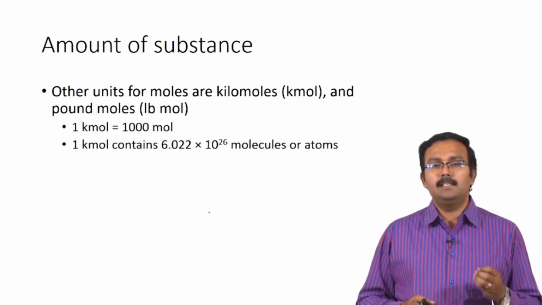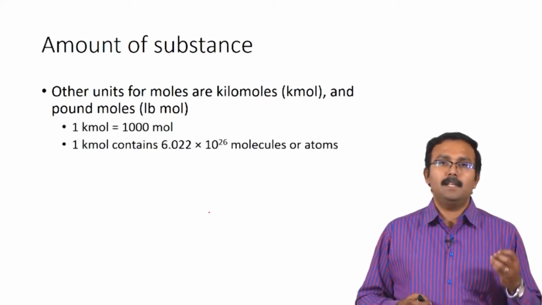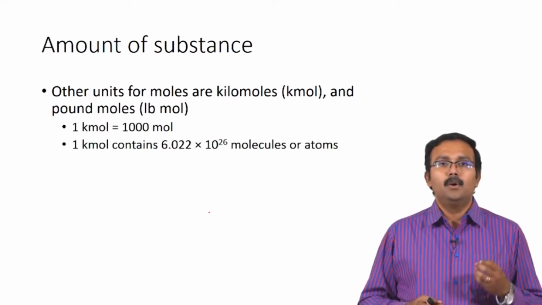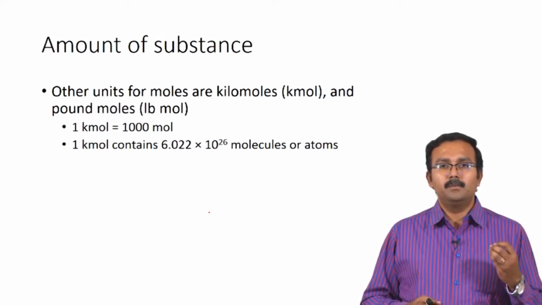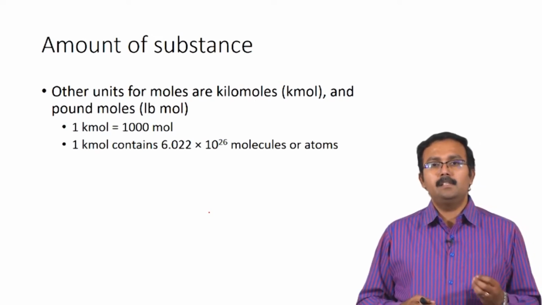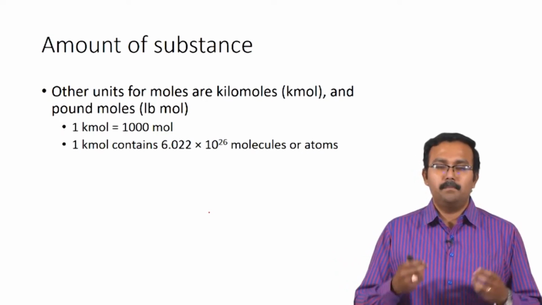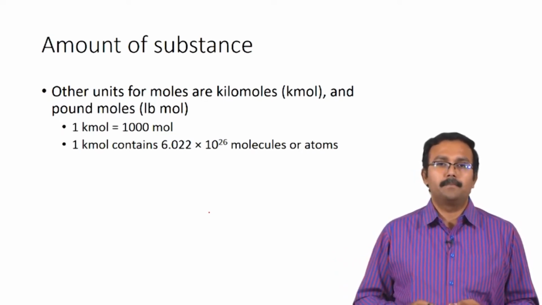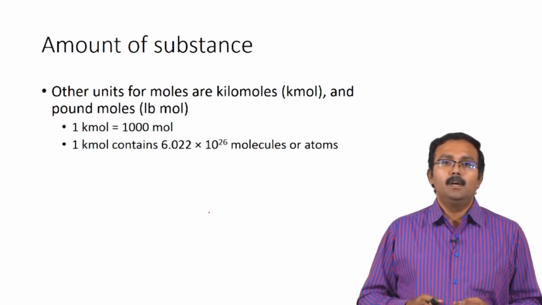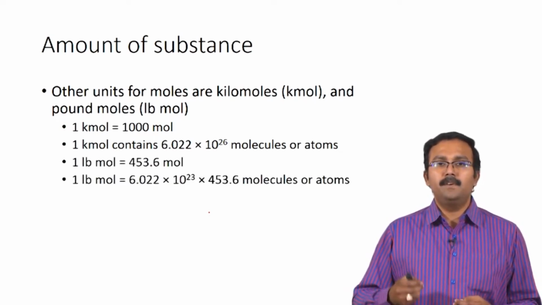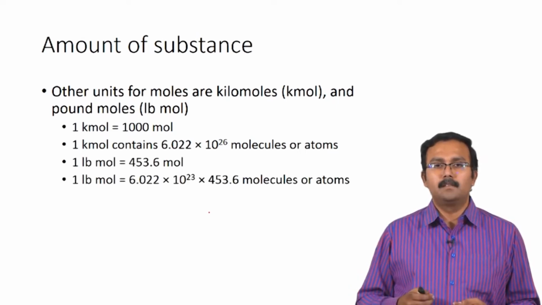1 kilomole is equal to 1000 moles. This is something everybody remembers and understands because it is a simple conversion. 1 kilomole would then contain 6.022 times 10 power 26 molecules or atoms. This is based on Avogadro's number again. Similarly, 1 pound mole would be 453.6 moles.